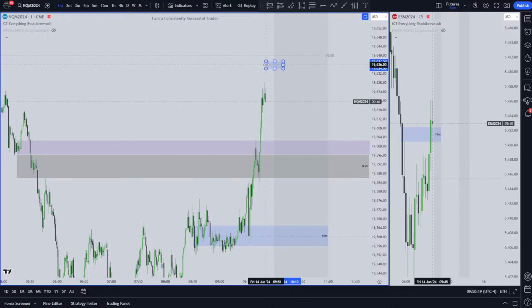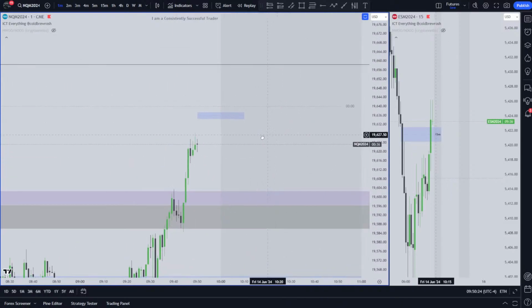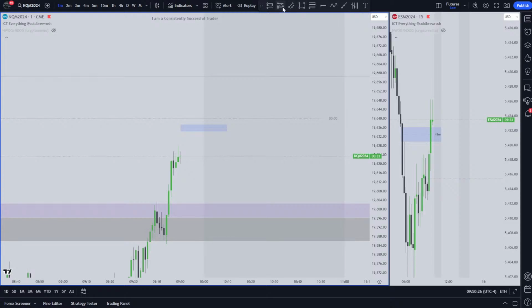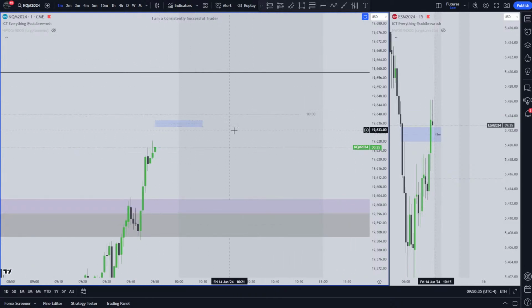That small window, and arguably you can extend it, you know, you can look at 9:30 because 9:30 has an extension of that model.